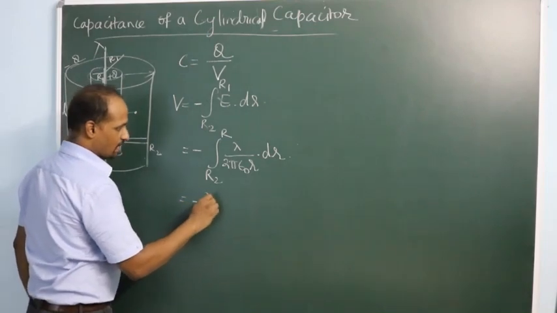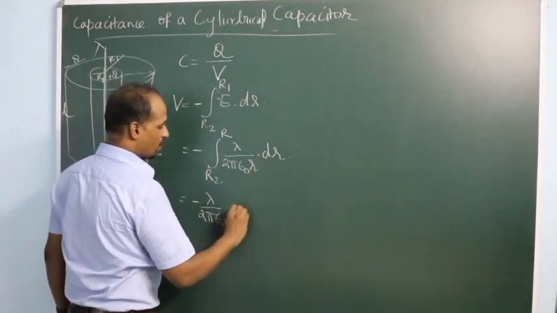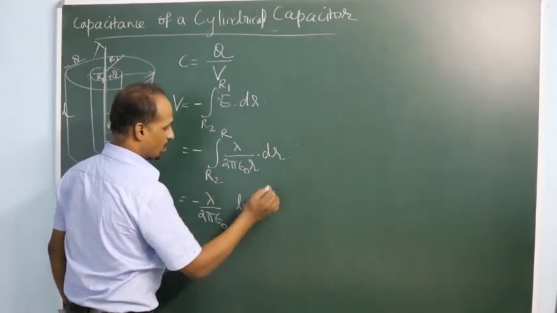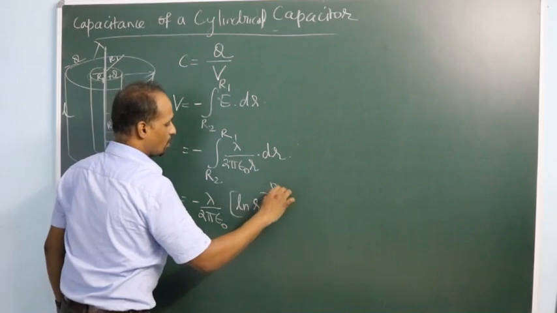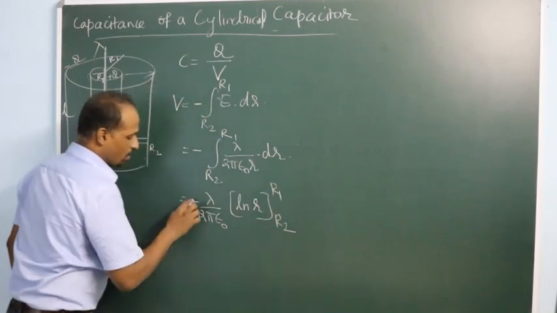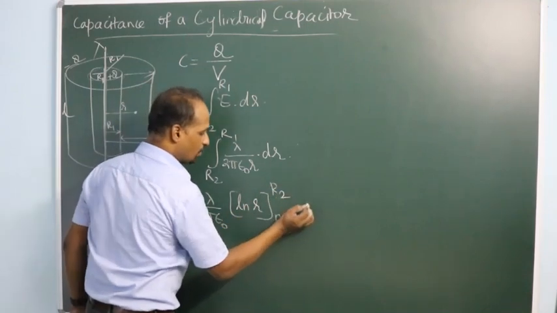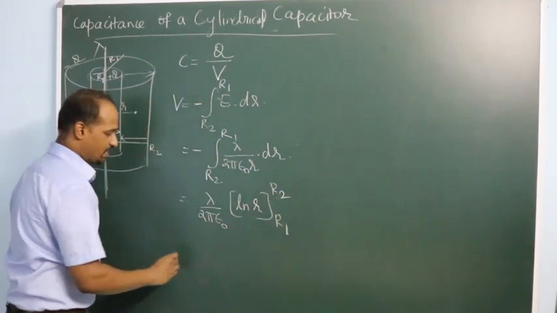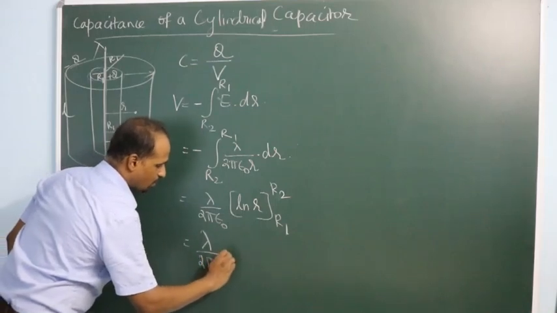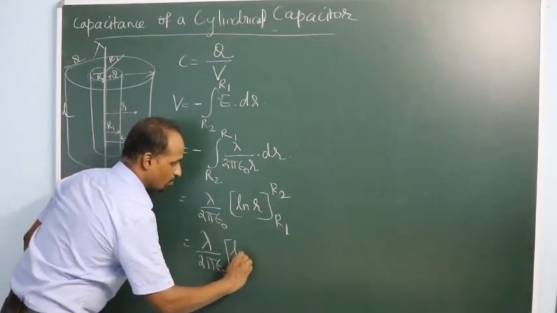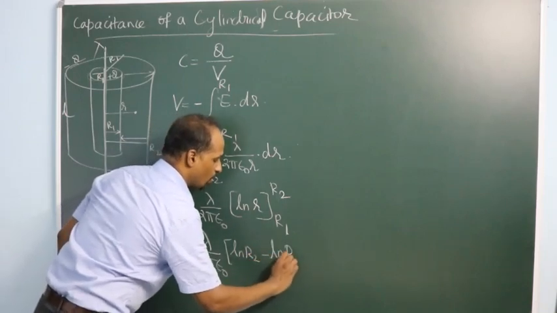So minus lambda by 2 pi epsilon naught, the integral of dr by r is the natural logarithm of r, with upper limit R1 and lower limit R2. If you multiply by the negative sign, you can change it. So lambda by 2 pi epsilon naught into natural logarithm of R2 minus natural logarithm of R1.